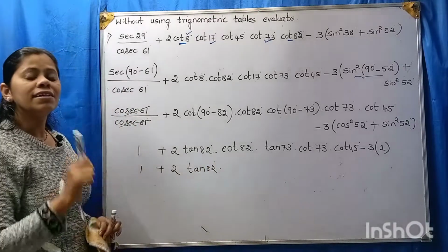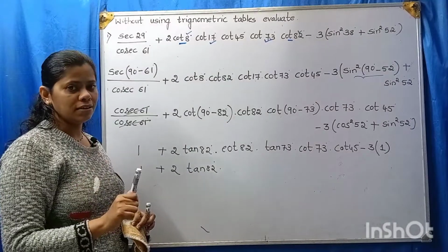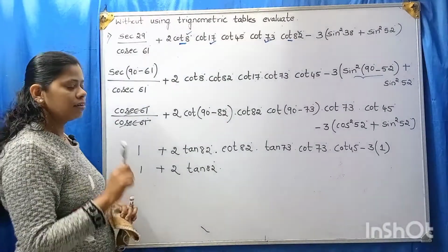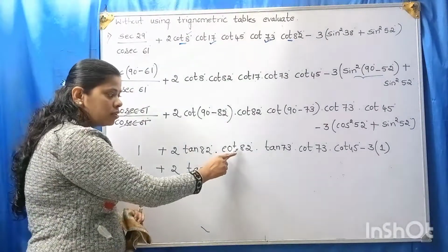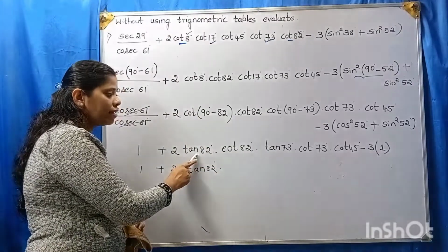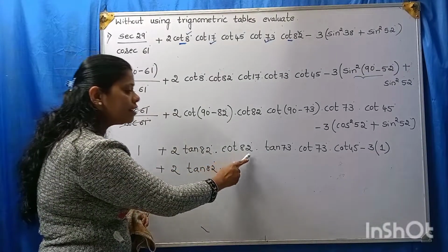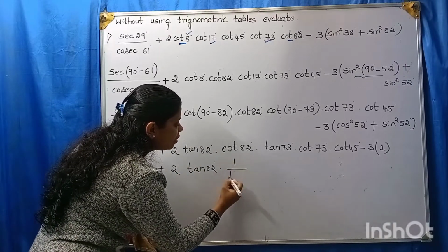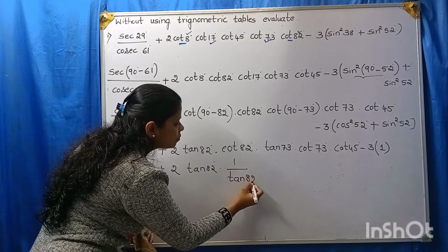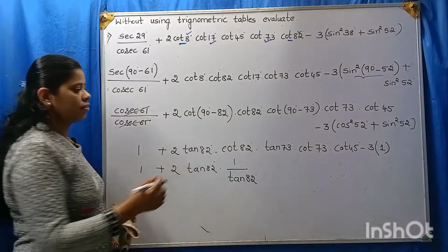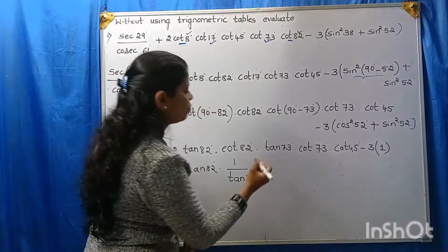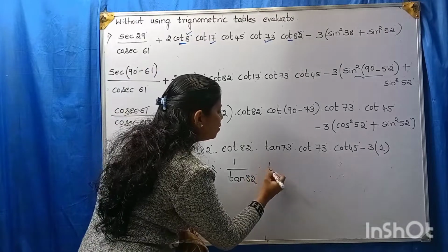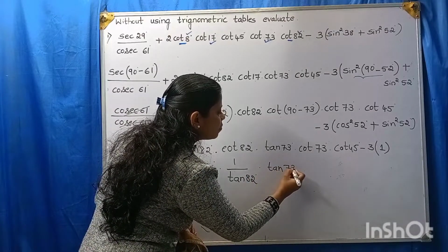Cot theta is the reciprocal of tan theta. Therefore this cot 82 degree, I can write as 1 by tan 82 degree, into tan 73 degree.